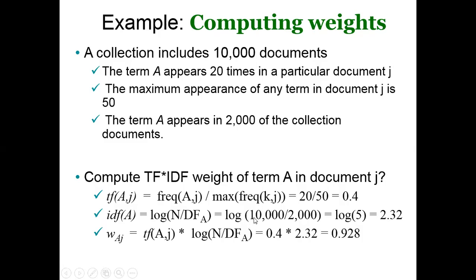That means logarithm of 10,000 over 2,000. That means what? Logarithm of 5. Logarithm of 5 is 2.32 from our logarithm table.